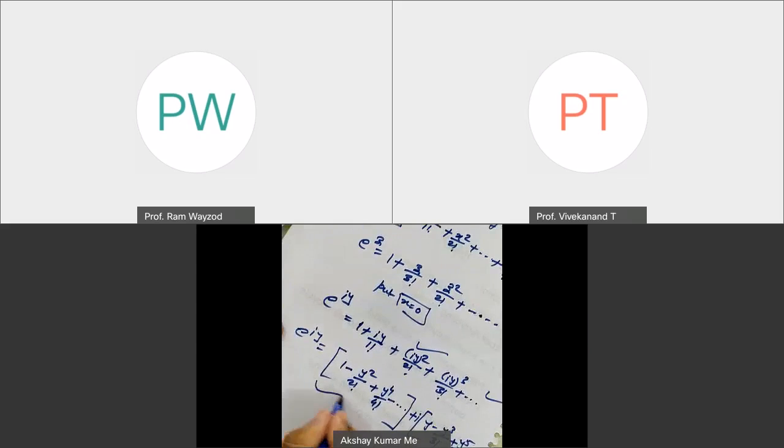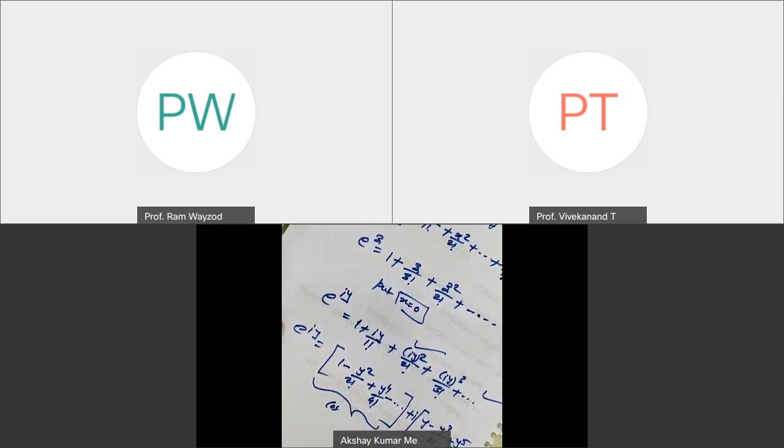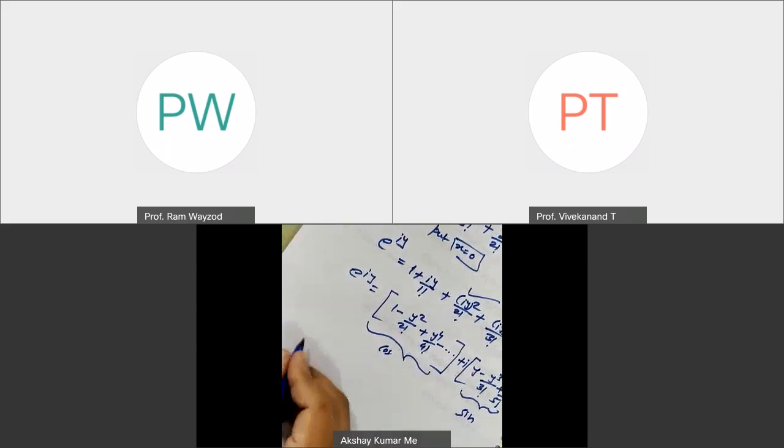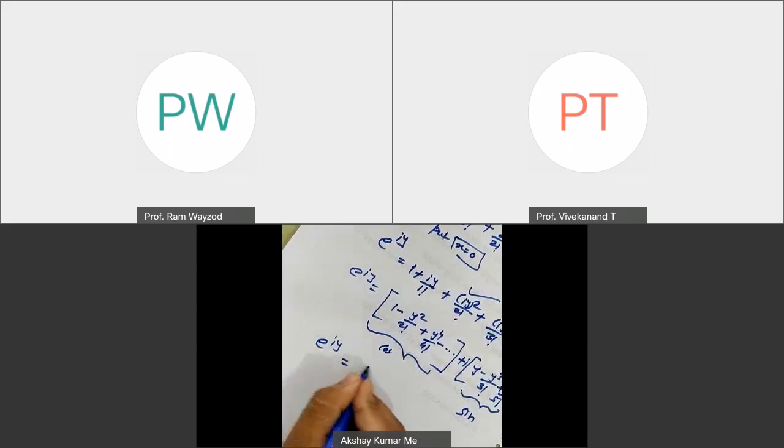So this is the standard series for cos and this is the standard series for sine. So we get e to the power iy is equal to cos y plus i sin y.